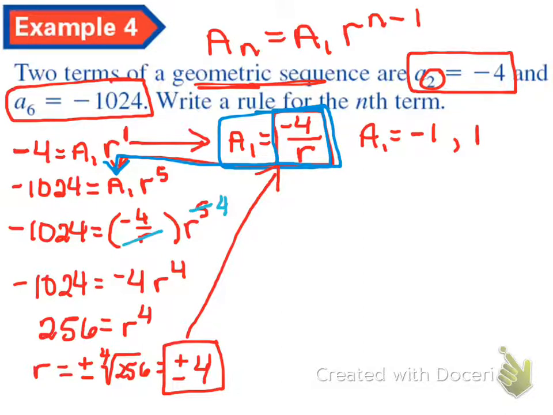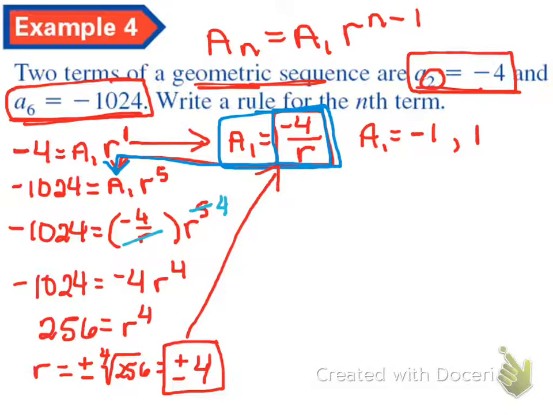Since there are two possible rates and two possible first terms, we have two different possible geometric sequences that would both give us a second and sixth term, like they've given us a second term of negative 4 and a sixth term of negative 1024. So we need to write both rules.